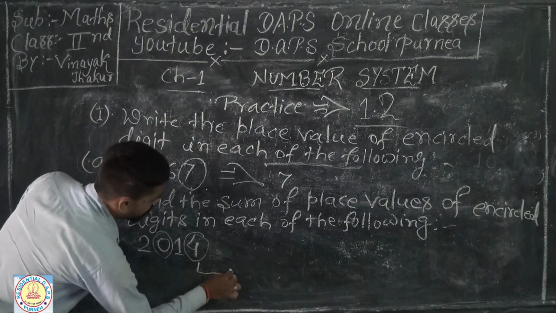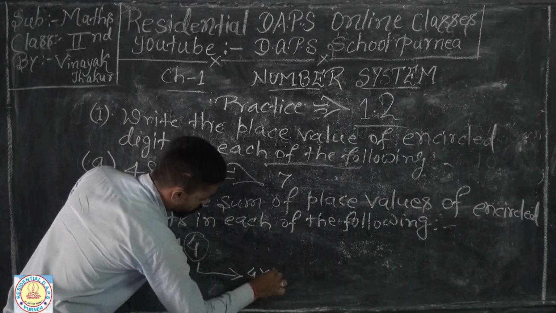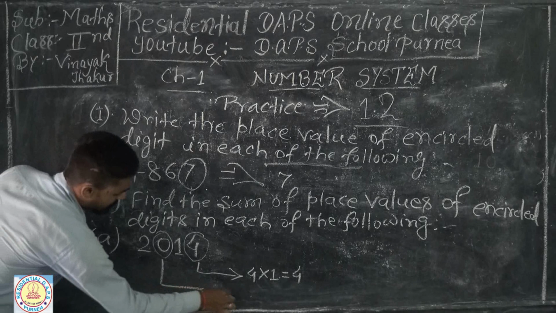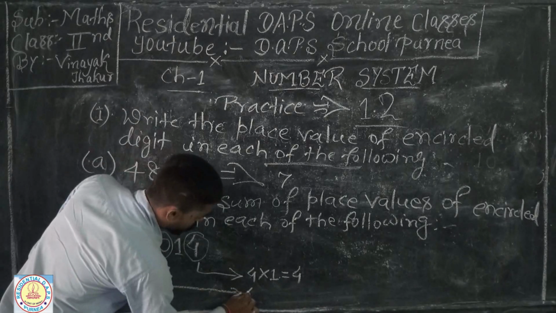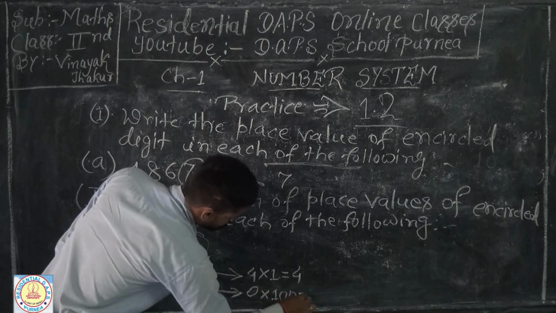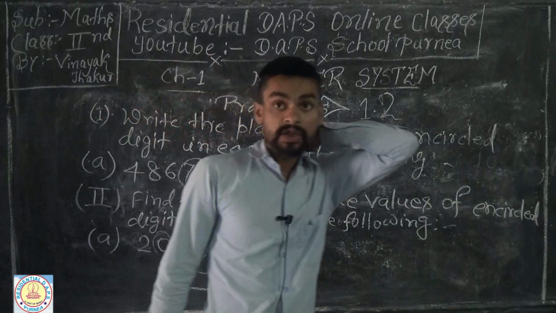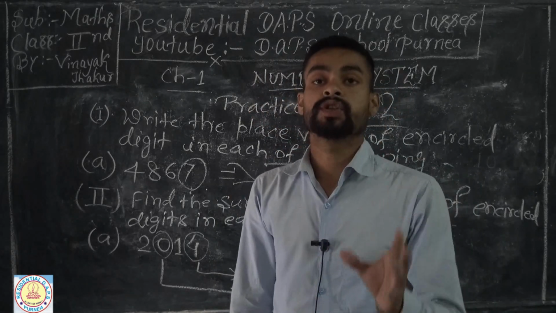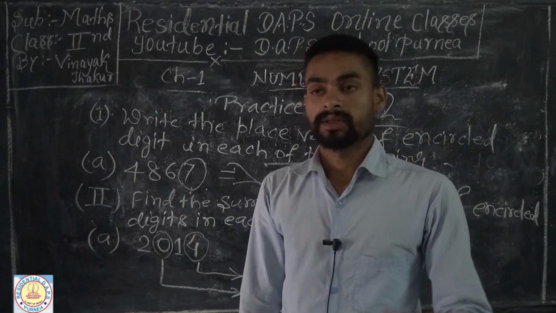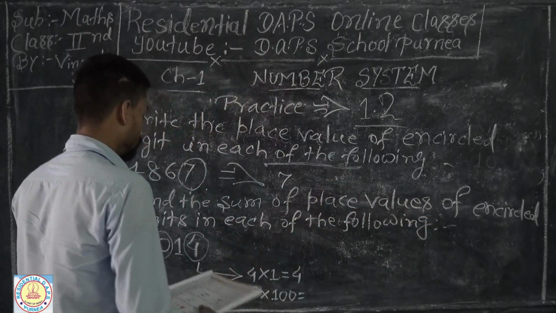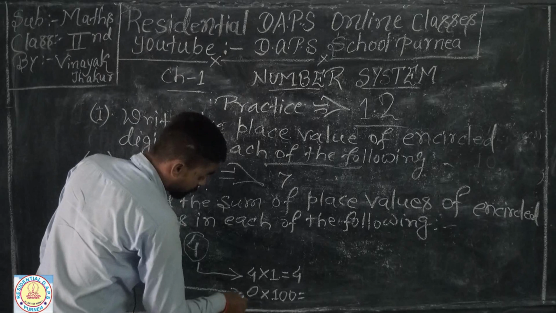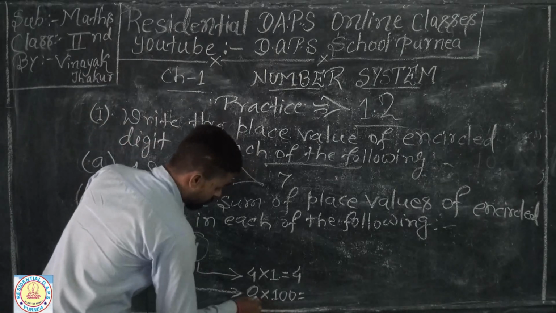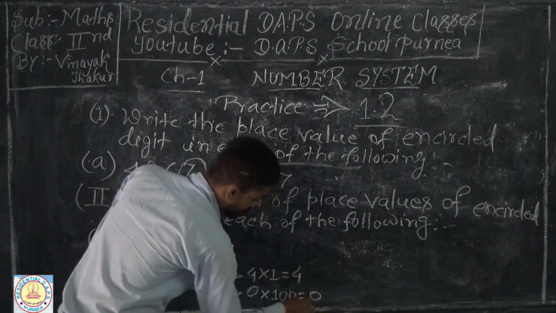You can find it very easily because 4 is at ones place, so 4 into 1 means 4 ones, and 0 is at tens place, so you can calculate 0 into 10. I told you before that if we multiply 0 with any number, your answer is always 0. So if we calculate 0 into 10, we get 0.